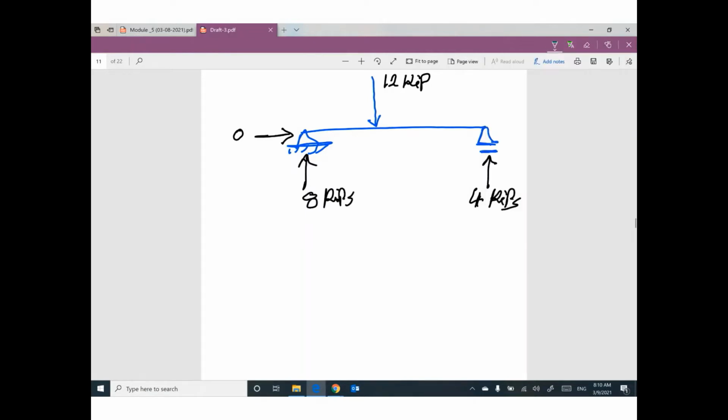So what is the topic today? What we learned before, this beam, this concentrated load and these reactions are constant forever.